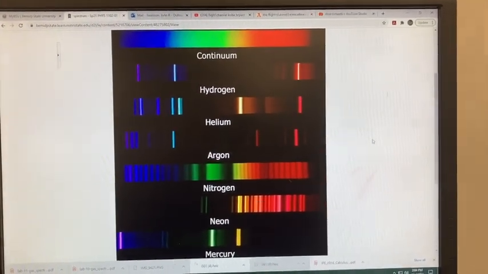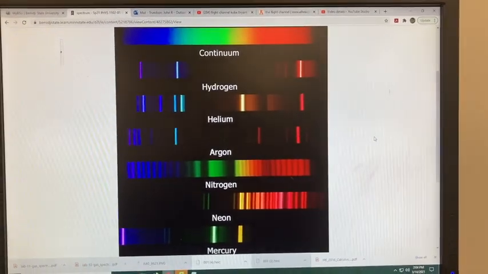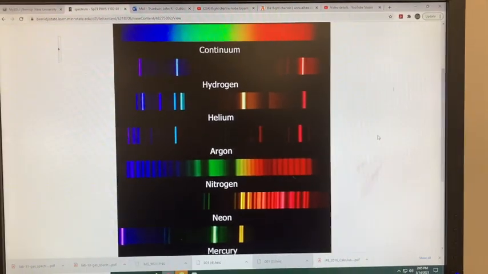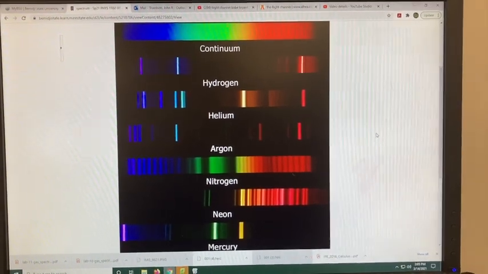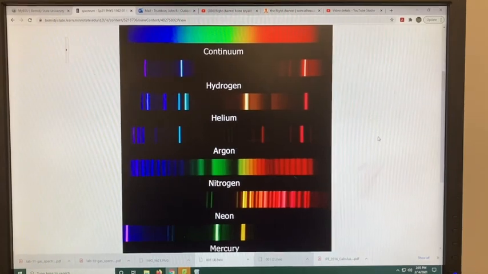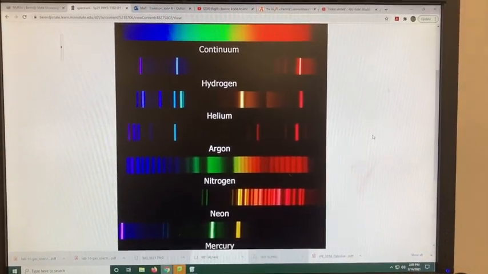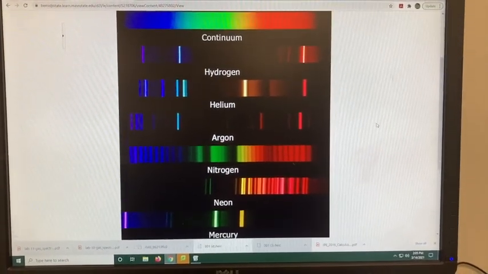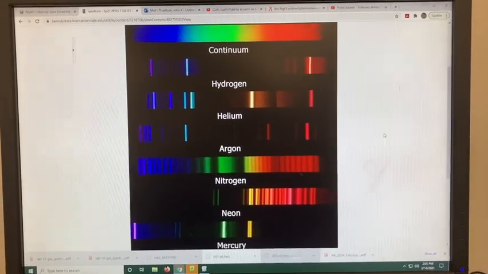And what you're going to do is match the colors we see on the video with the known spectrum for each one of these. So you'll have 7 questions, and the answers will be these in this order: continuum, hydrogen, helium, argon, nitrogen, neon, mercury, but I will not be showing them in this order.